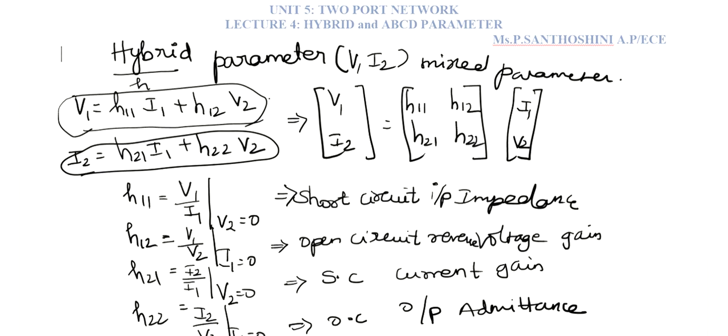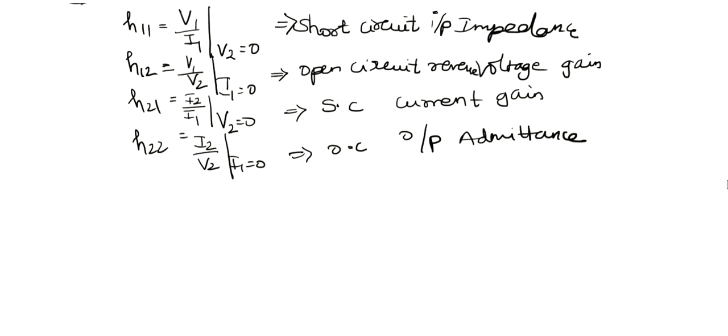And now you are going to see the first sums. Let us start with your question. Find the hybrid parameters, or generally they are asking H parameters. Find the hybrid parameters for the network.